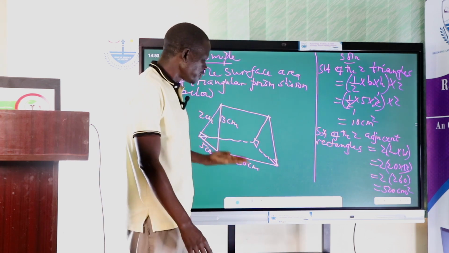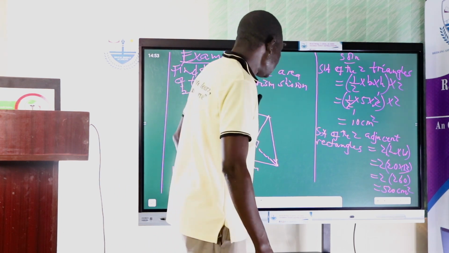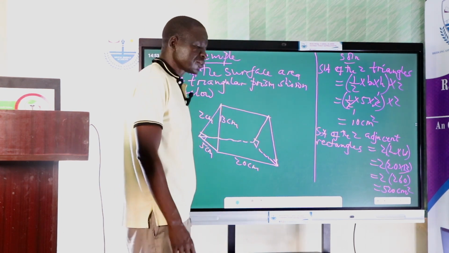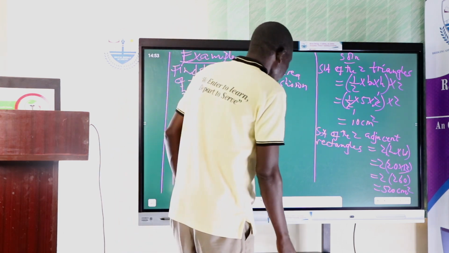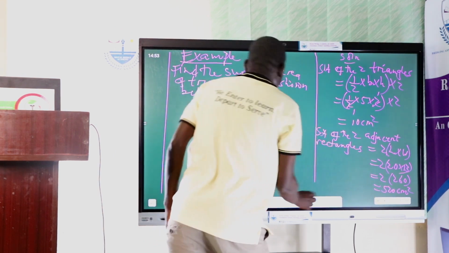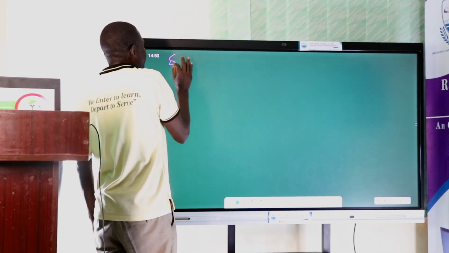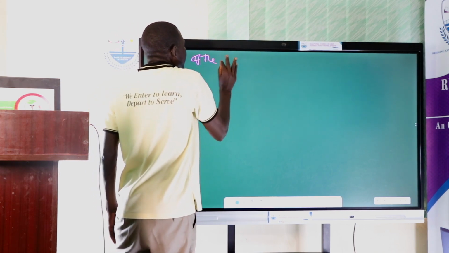We are left with one face, which is the bottom. And that bottom one is also a rectangle. So we shall now say surface area of the rectangular base.